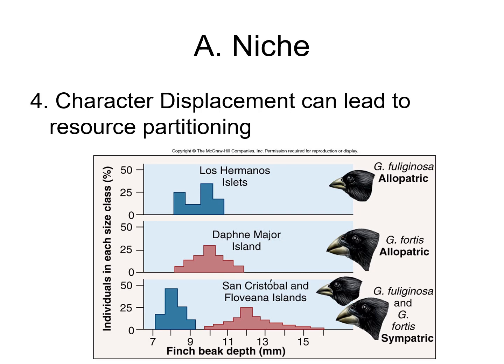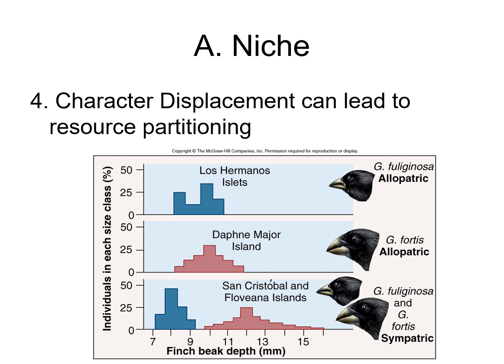We have two related ground finches here, Geospiza fuliginosa and Geospiza fortis. And the first two graphs are showing the similarity in beak dimensions on two different islands, where on Los Hermanos only fuliginosa lives there, and on Daphne Major only fortis lives there.